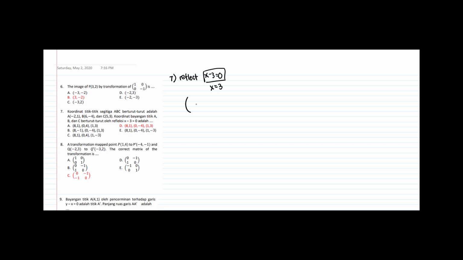Okay, so for x equals 3, the chart will be like this and then this. There are x equals 3, so we have to minus 3 right here and then minus 3 right here. X equals to something, the matrix is negative 1, 0, 0, 1, right? Okay, you have to memorize it. Do not forget that.